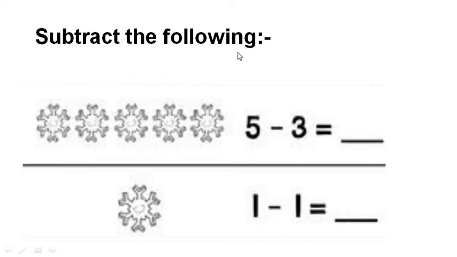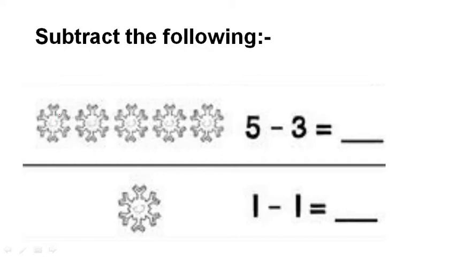Subtract the following. Sum is 5 minus 3. 5 minus 3 means we have to cross out 3 objects out of given 5 objects. Let's do it.